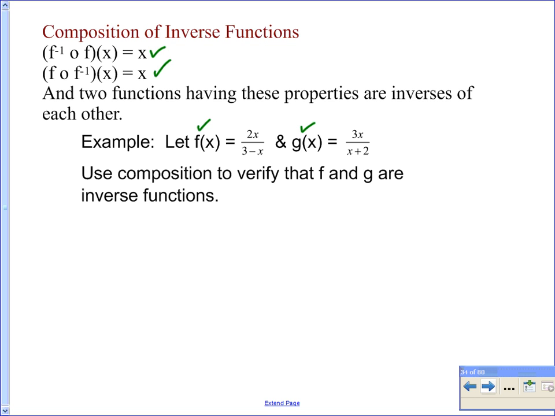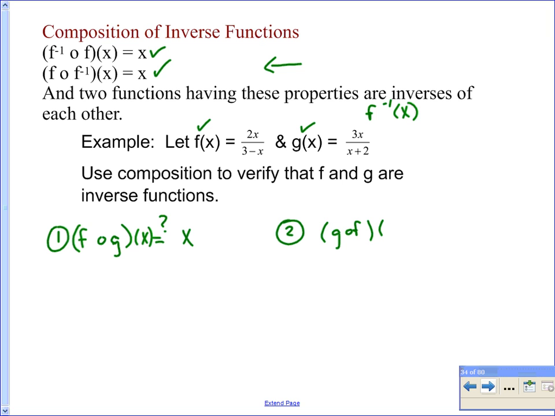So I have f of x and g of x. And right now, g of x is not called f inverse of x because I don't know whether or not they are inverses of each other yet. But I'm going to use this property up here to determine that. If I do, first of all, f of g of x, and what I want to get is x, and I also then come over here and do g of f of x, and I want to get x.